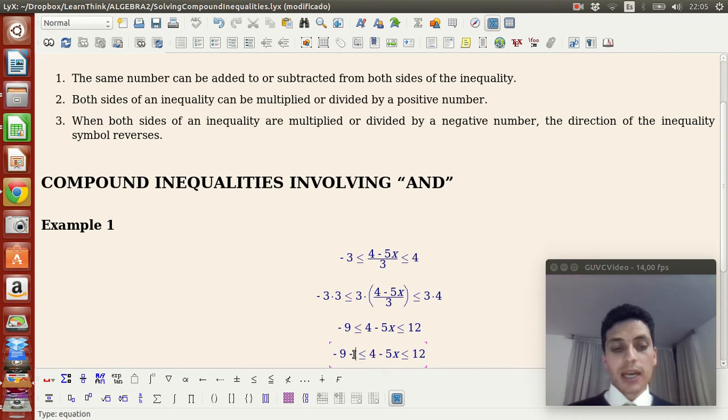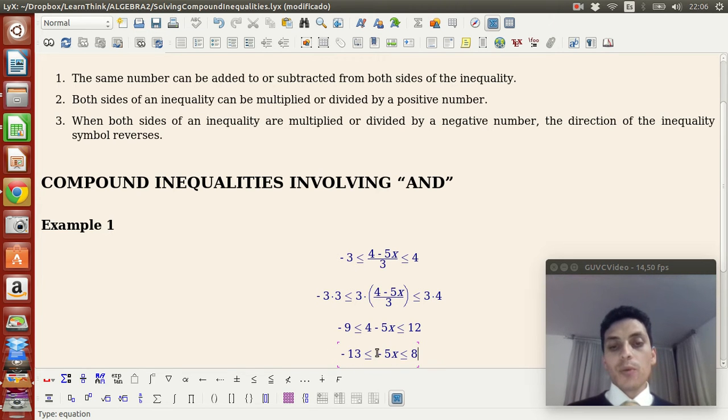So we write here minus 9 minus 4, here 4 minus 5x minus 4, and 12 minus 4. Minus 9 minus 4 is minus 13. Here we have 4 minus 4, 0. 12 minus 4 is 8.